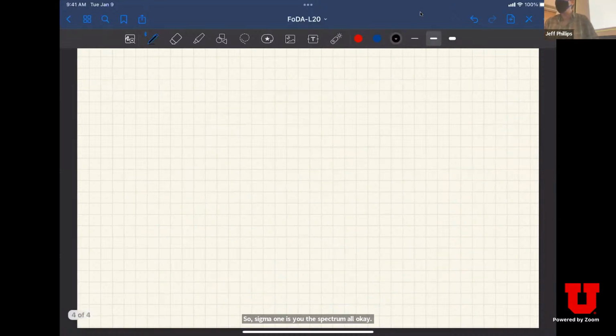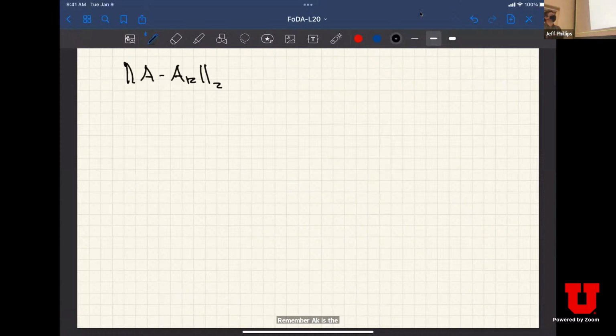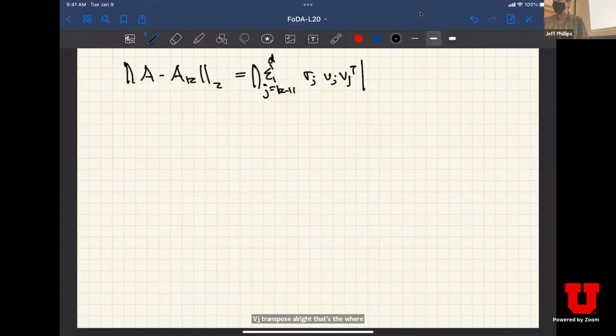We can also think of A minus AK. Remember, AK is the best rank K approximation of A. So what's a simple way I can write this? A minus AK is equal to the sum from j equals K plus 1 up to d of sigma j Uj Vj transpose. It's the norm of this.